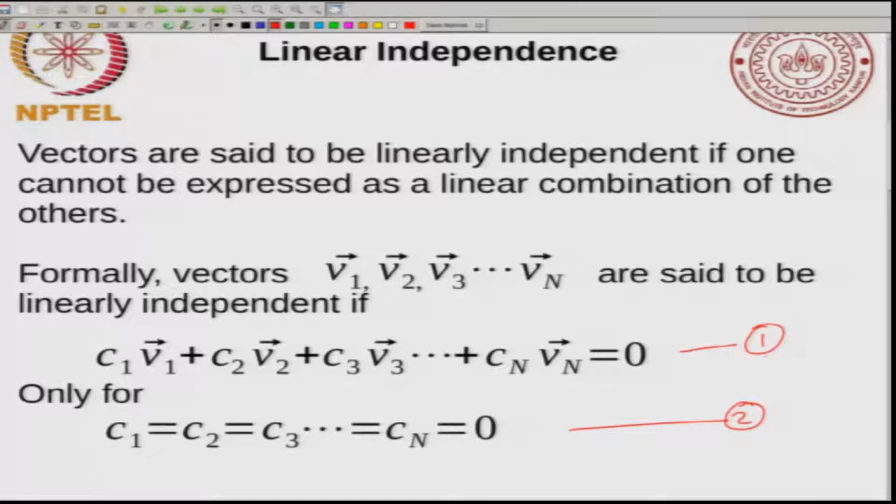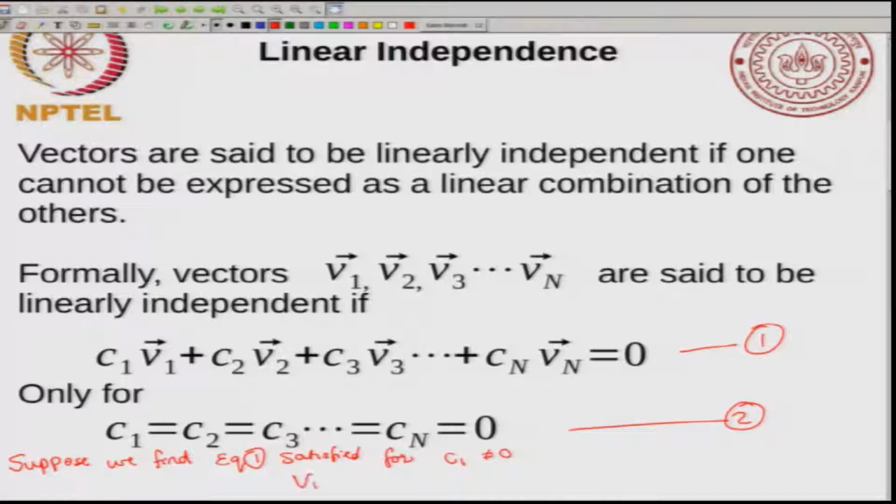Now suppose we find equation 1 satisfied for c1 not equal to 0, and maybe some of the others are also not equal to 0. Then I can take v1 to the other side and write it as follows.